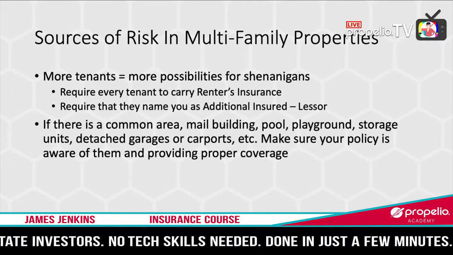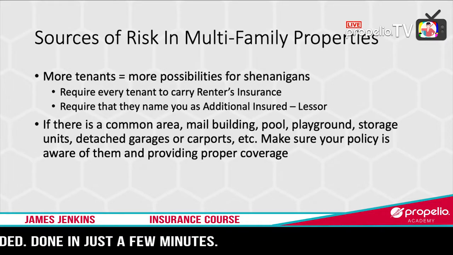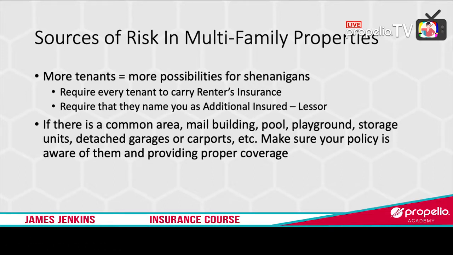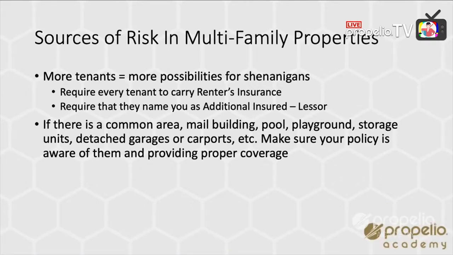Also, and this is really important as we get beyond 5 units and get into condos, associations, and apartment buildings and larger multi-unit buildings, you want to make very sure that if any of the following things are present in your property, you are paying close attention to that.